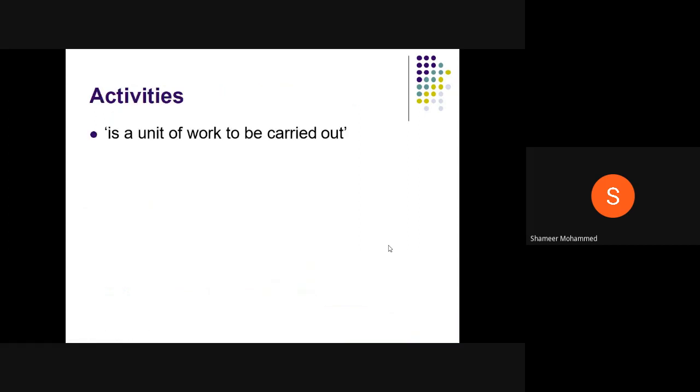So an activity is nothing but a unit of work to be carried out. A unit of work is a sequence of activities. It takes place over a period of time, like sending money within milliseconds. Open the Bank Muscat app on your phone, select the account, type the amount, just press send, and it will be sent within seconds.